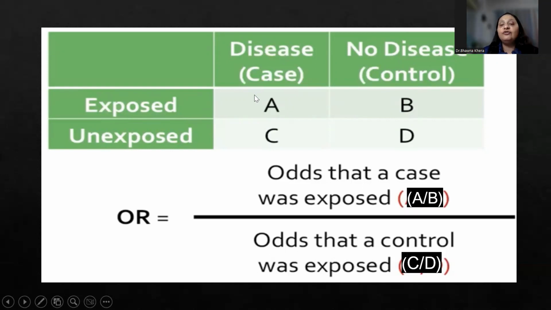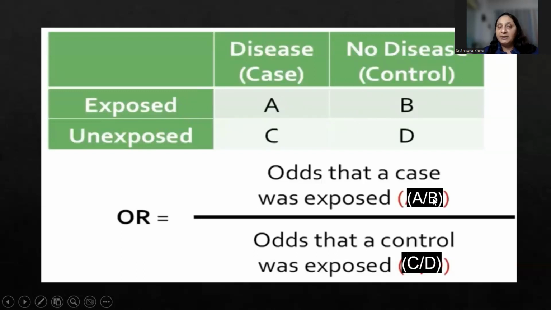So what are the odds of disease in a case who was exposed? What is the probability that the disease will occur in the exposed population? We are going to divide A by B. So A divided by B is the chance of the disease in the exposed population.